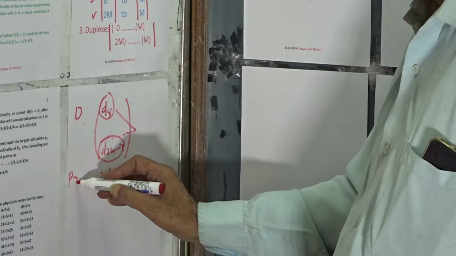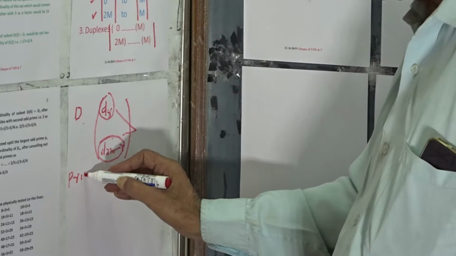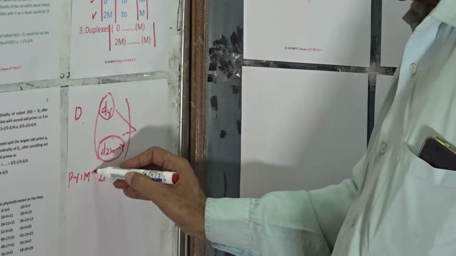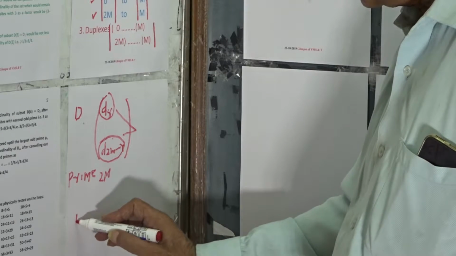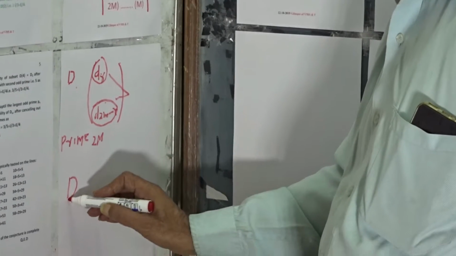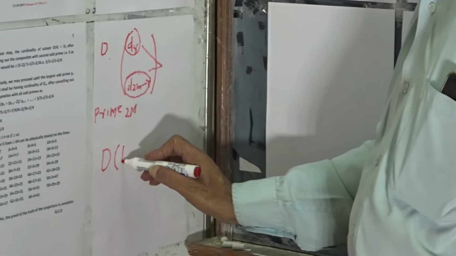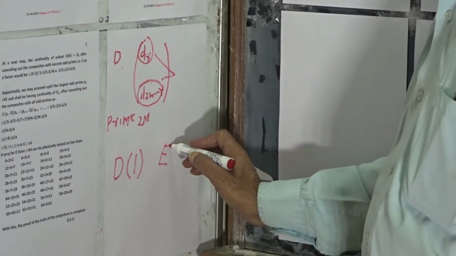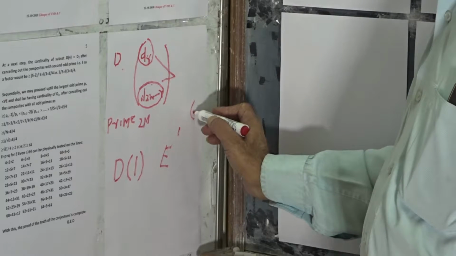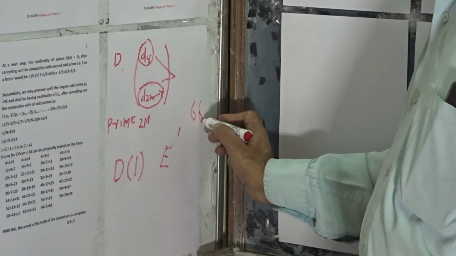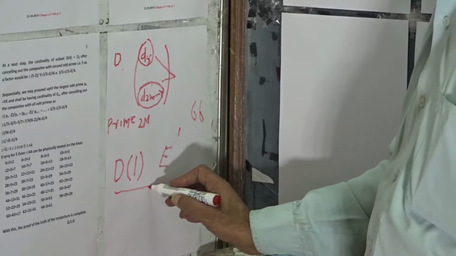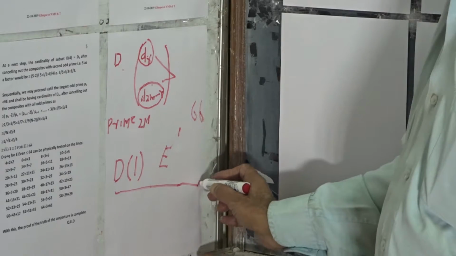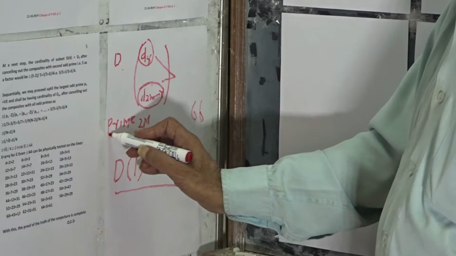So we have to prove that out of the set D1 of duplexes of E, in the illustrative case of 66, there exists at least one such duplex which is a prime duplex.